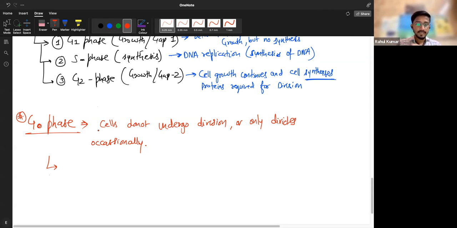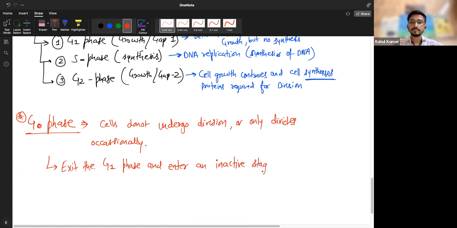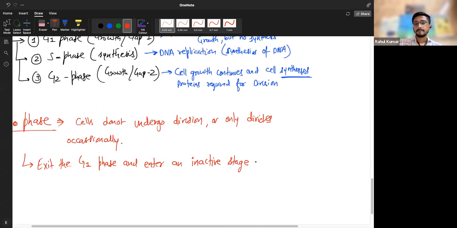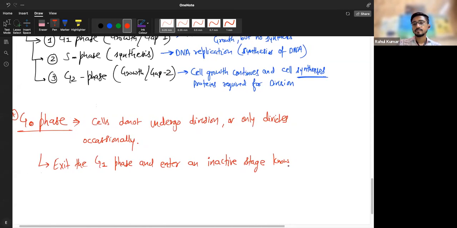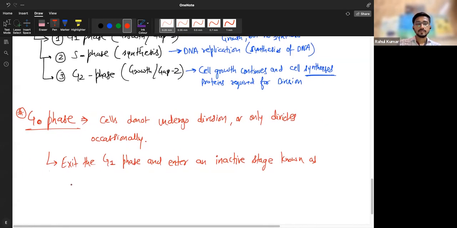So these cells exit the G1 phase and enter an inactive stage known as quiescent stage, G0.